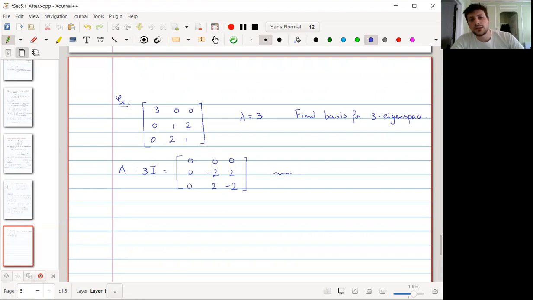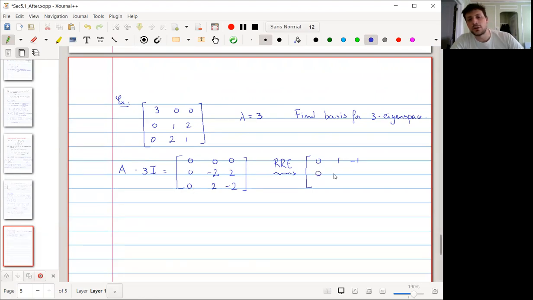When I row reduce this matrix, I get 0, 1, -1. I take the third row, bring it up at the top, and then divide by 1. And then I can add the first and second row together.